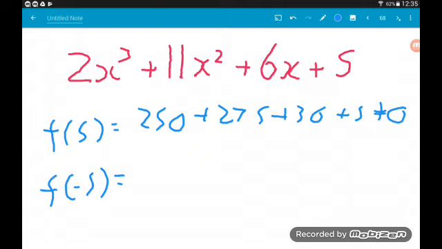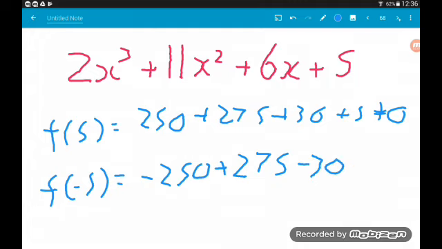Okay, so minus 5 cubed is minus 125. Times that by 2, we got minus 250. Minus 5 squared is positive 25. 11 times 25 is 275. Then we've got 6 times minus 5, which is minus 30.